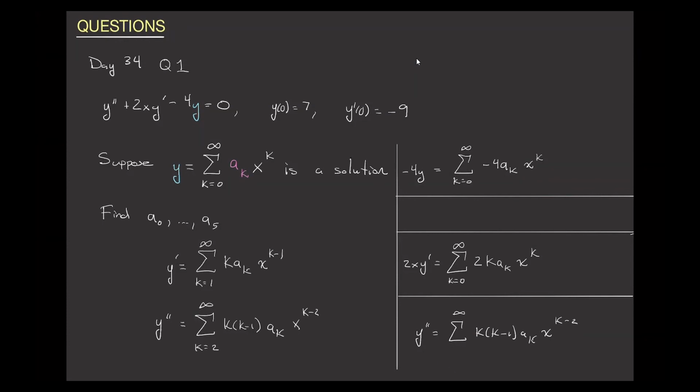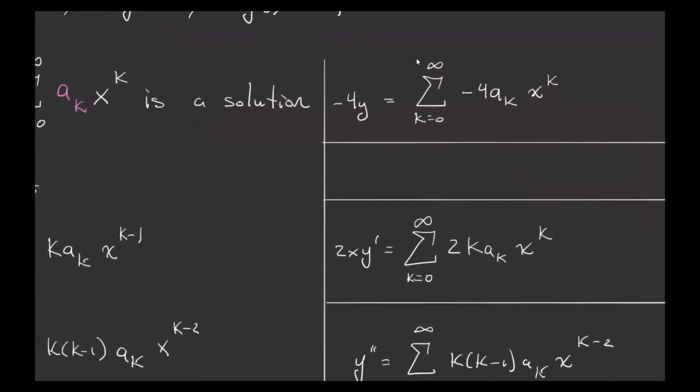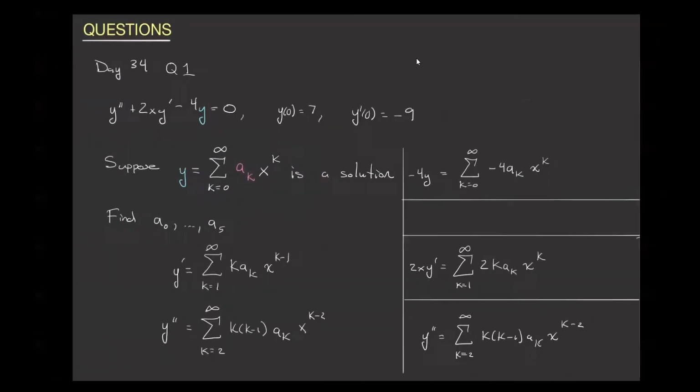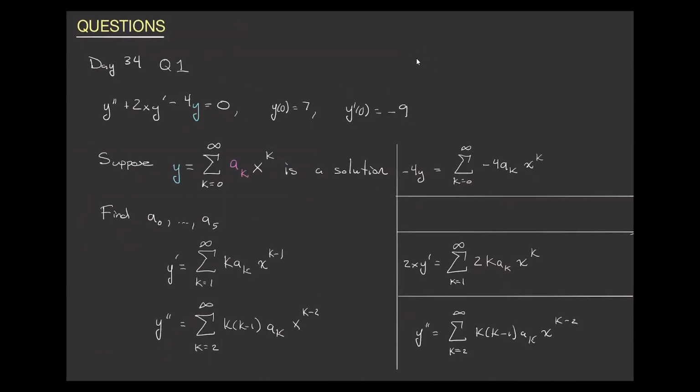I didn't put k is equal to 2 here, and I also did not put k is equal to 1 here. So, right, we want to get x to the k here. And since we're going to add 2 to each of these k's, we're then going to subtract 2 here. So now I'm going to modify these.